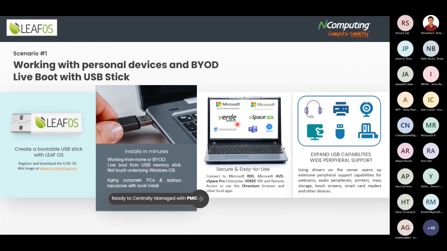But more importantly, in the build of the Leaf operating system, you already enjoy Chromium browser, Microsoft Teams, and Zoom. It's very secure and easy to use, and ready connectivity is available for the ones that I mentioned. At the same time, we support various USB peripherals, particularly headsets, webcams, printers, etc.